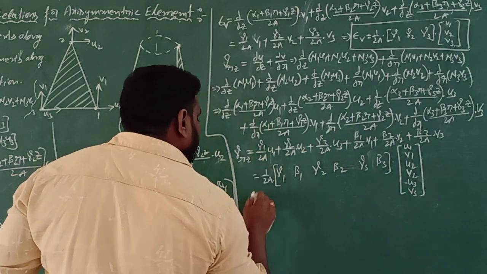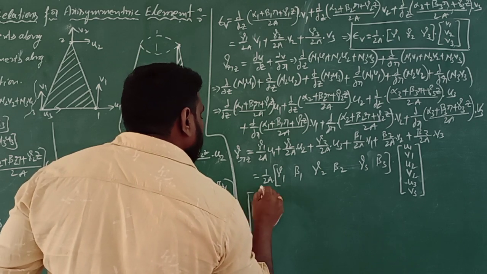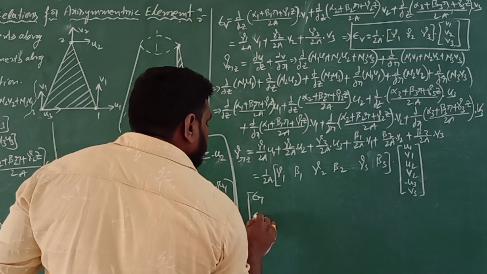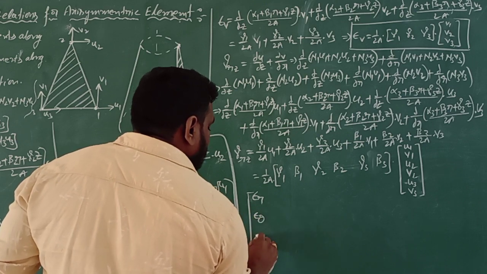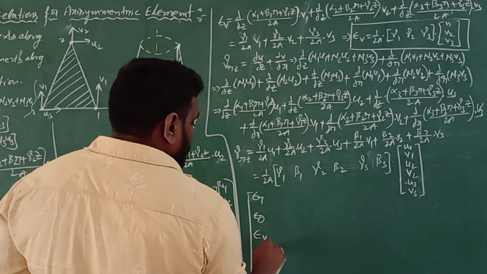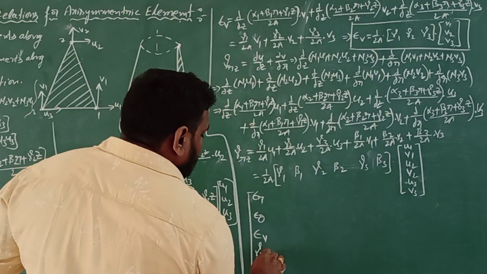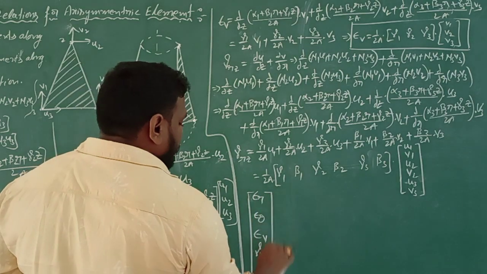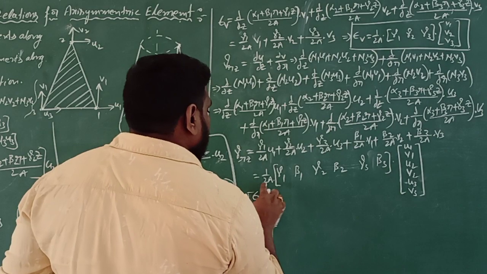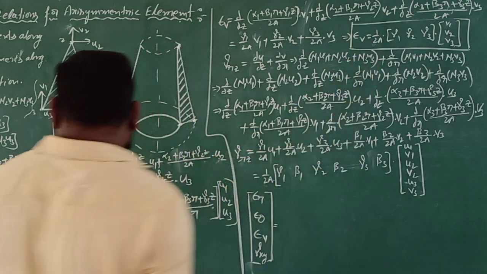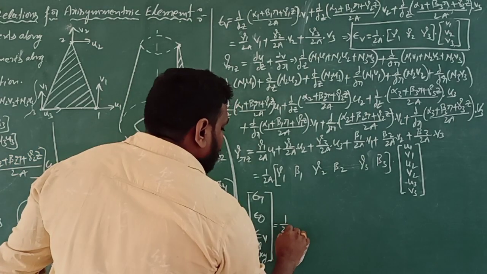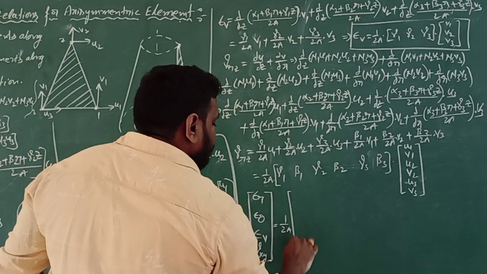So write here epsilon r, epsilon theta, epsilon z and gamma rz. These are the equations. It is equal to 1 by 2a, with 1 by 2a common to all the elements.